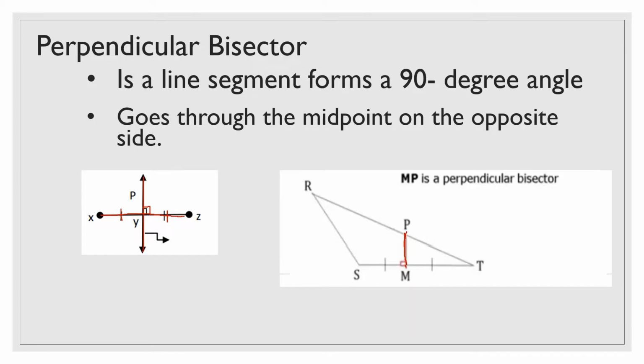So, ibig sabihin, point M is the midpoint of ST. So, dito, kapag ang MP ay perpendicular bisector, meron siyang 90-degree angle dito, at mahahati yung ST into 2 congruent segments. So we can now say that SM is congruent to MT.